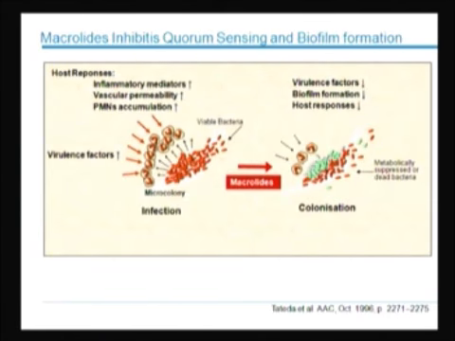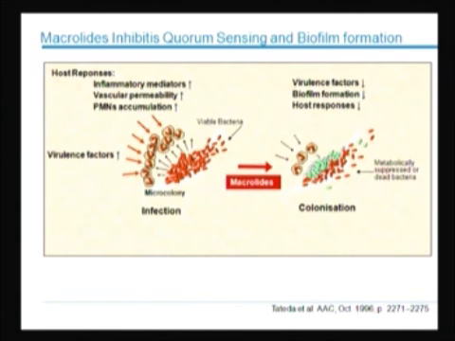So definitely quorum sensing and biofilm formation are dependent on host response, liberation of inflammatory mediators, and accumulation of neutrophils, and the virulence of the bacteria is also important. All this will have an impact on the severity of the infection. Macrolides will decrease the factors of virulence, decrease biofilm formation, and also have an effect on host response.